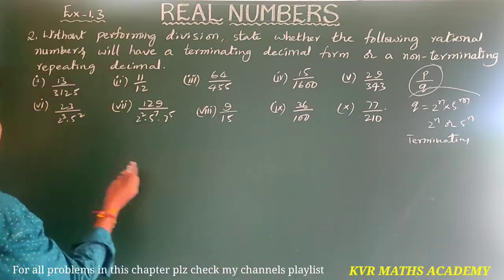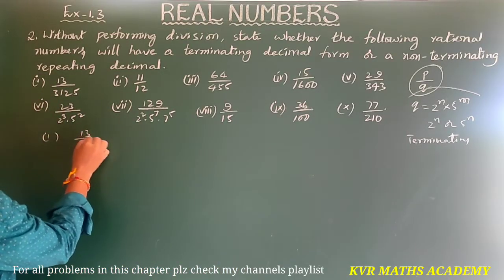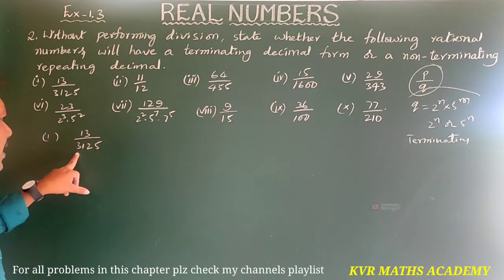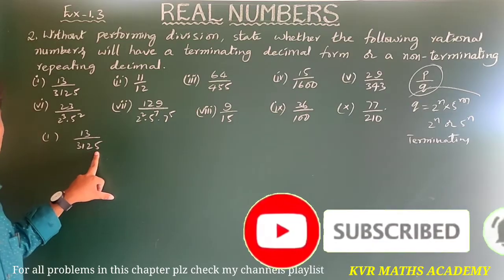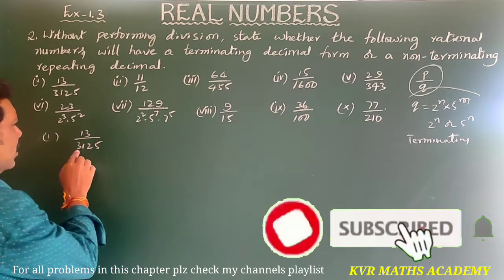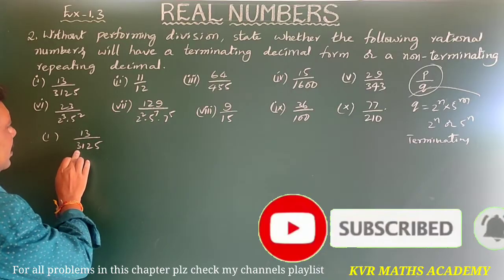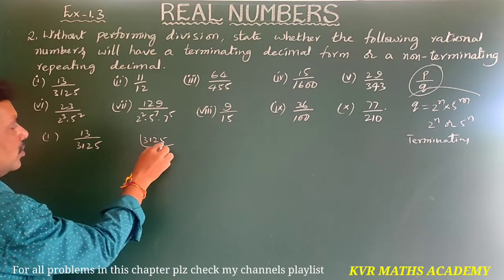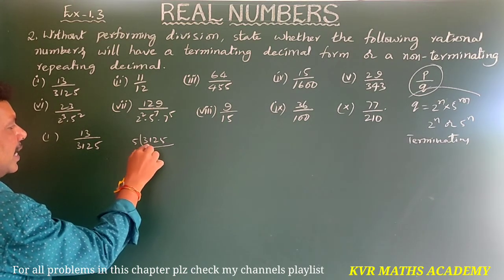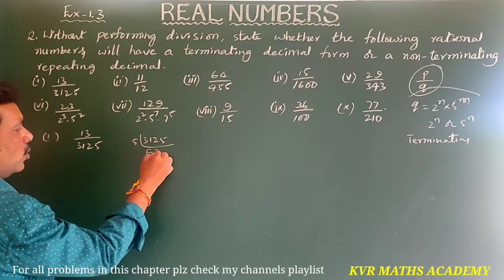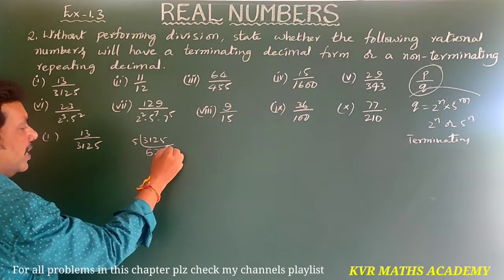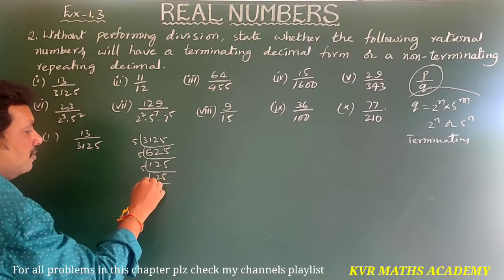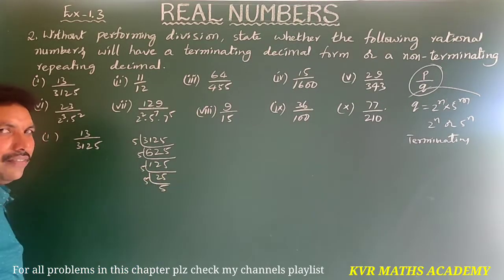Let us take the first one. 13 by 3125. Here 3125, how can you express it? First write this number in the form of prime factors. 5 times 625; 5 6s are 30, 5 1s are 5, 5 2s are 10, 5 5s are 25, again 5 times 25, 5 times 5.